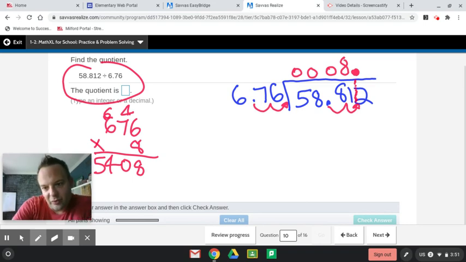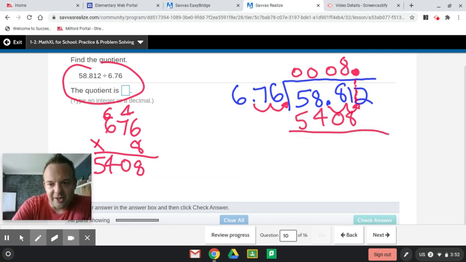So it's important to keep your place values lined up. All right, now I'm subtracting. Remember, I'm ignoring this decimal. It has been moved over. 1 minus 8, can't do, so it's going to be a 7. 11 minus 8 is, of course, 3. 7, 4. Bring down the 2.